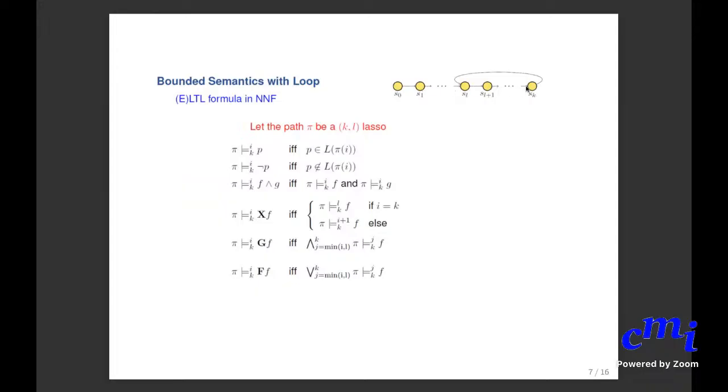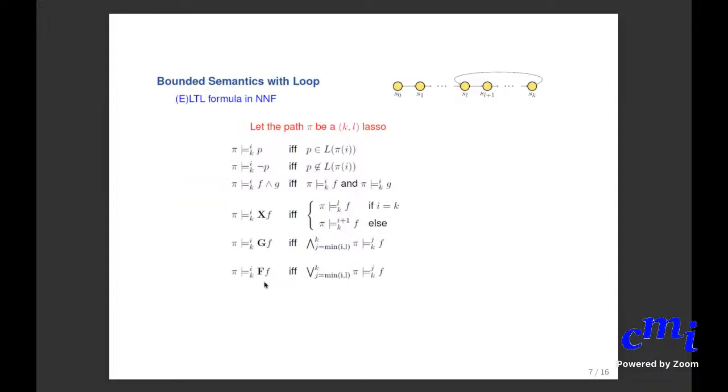Because once you check it is true for the part inside the looping part, and since the infinite path is an infinite repetition of the states from SL to SK, you know that it'll be true for all the states in the infinite path. And that's what is being checked. So what you need to do is check if F is true of all the states starting from the min of I and L.